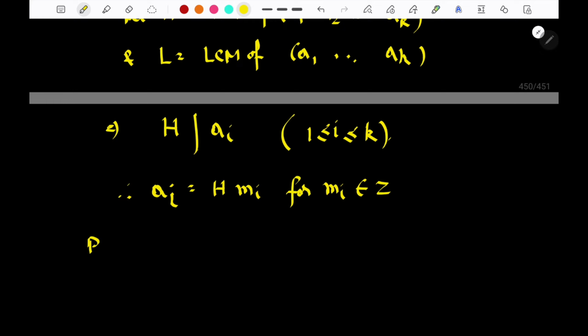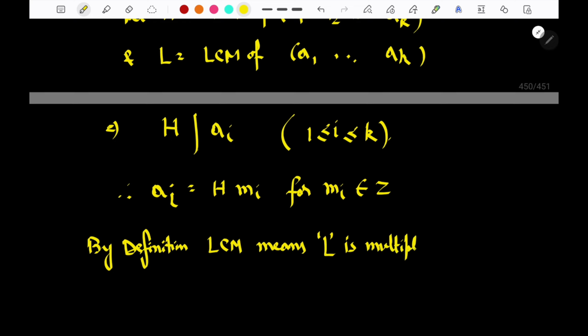By definition, L is a multiple of a1, a2, till ak.